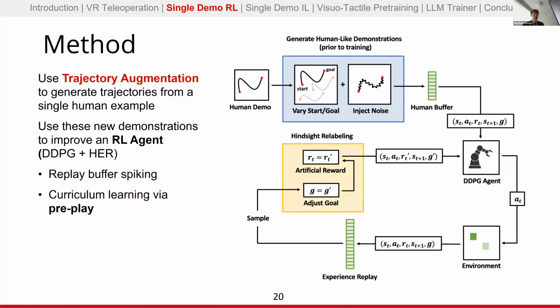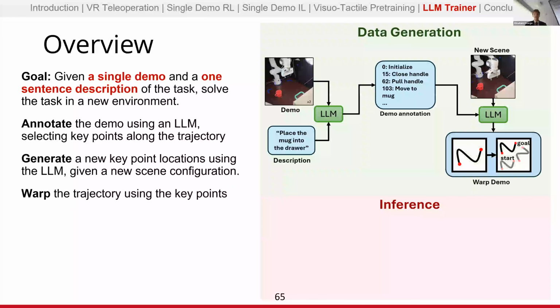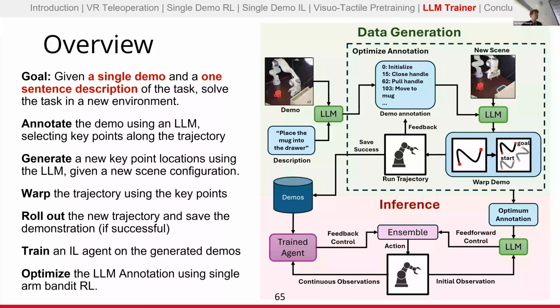So to start, first part of that answer is, once again, this is the very first work we did with augmentation. If you were to try to do this again, I would use the LLM trainer work, where we have the LLM generate our demonstrations. Because once again, all we're doing is generating these human-like demos to populate a replay buffer and use that to do the pre-play.